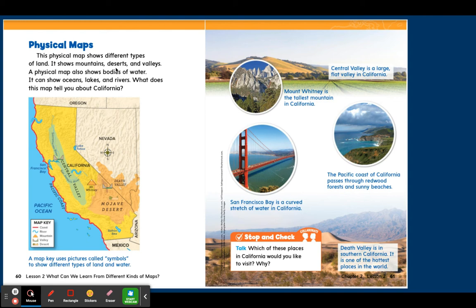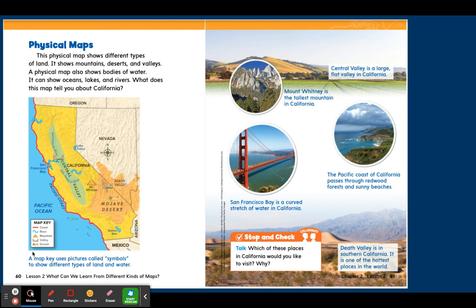How can a map like this help us? I want you to think, which of these places in California would you like to visit? So think about, where would you like to go in California? Because California is a very big state. Which is one of the places that you would like to visit looking at the physical map?